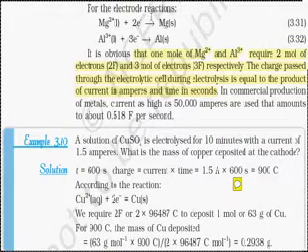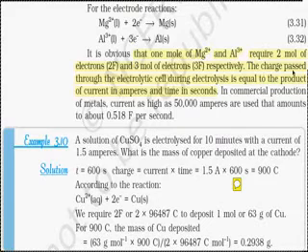For the electrode reactions, Mg2+ plus 2 electrons gives you Mg and Al3+ plus 3 electrons gives you Al. We can see that 1 mole of Mg2+ and Al3+ require 2 moles of electrons, that is 2 Faraday, and 3 moles of electrons, that is 3 Faraday respectively.